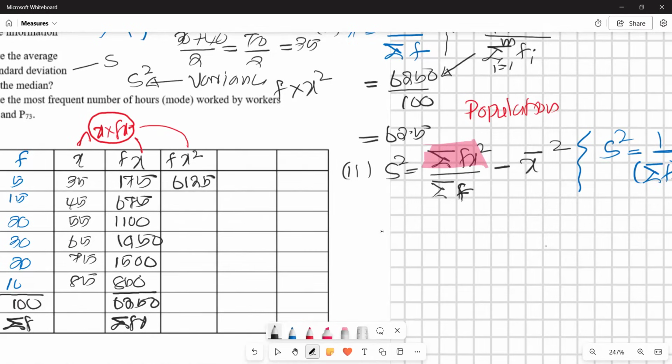This is 30,375. 55 into 1100. This is 60,500.